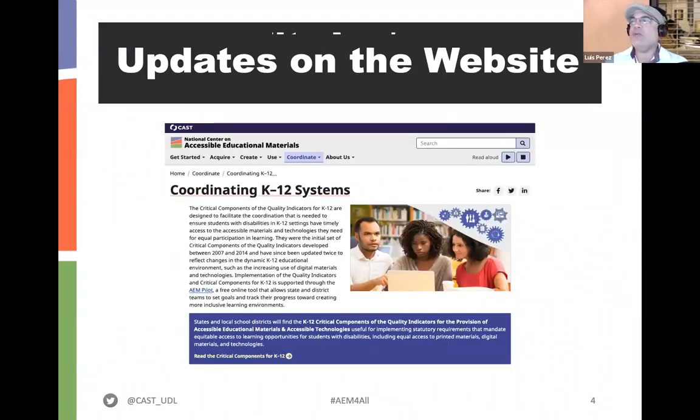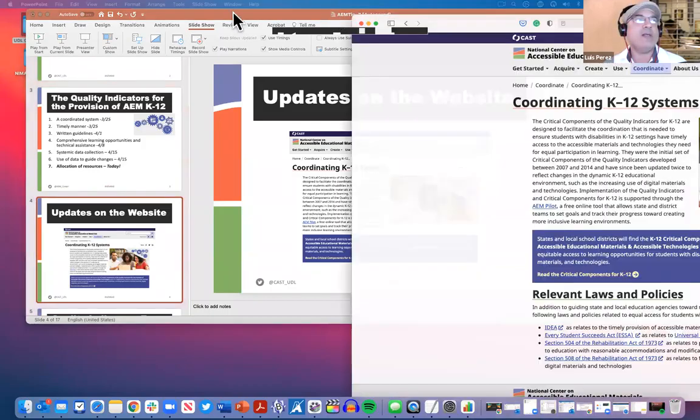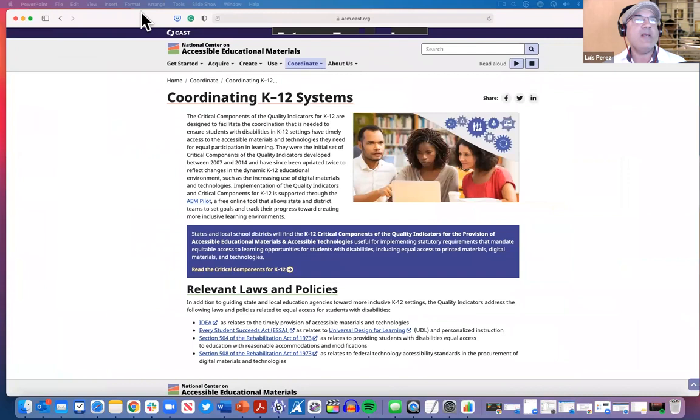I just want to share with you before we get started with today's topic that there have been some updates to the website. We actually have the quality indicators with critical components available now for download. So I just want to exit here from my slides and bring up the website and just show you where those are located. As a reminder, you'll always find the quality indicators with critical components under our coordinate tab.